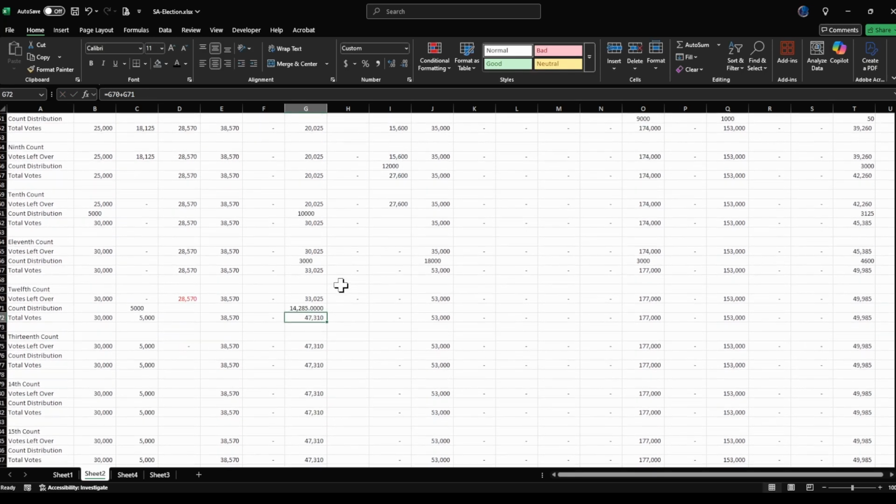And you can see that those votes, as they shifted over, even though we moved 200,000 votes, the actual ratio of the vote is really only 14,285. Right? And to make life easy for me, I am going to copy that and I'm going to put that on this one.